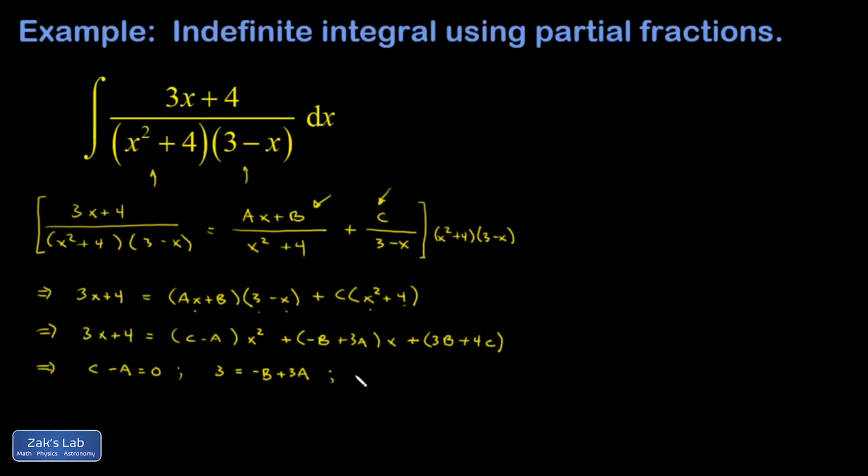And then I do the constants, and I get that 4 is equal to 3b plus 4c. And now I've got a system of equations, 3 equations, 3 unknowns. And I'm going to summarize my system real quick. That's c minus a equals 0. 3a minus b equals 3. And 3b plus 4c is equal to 4.